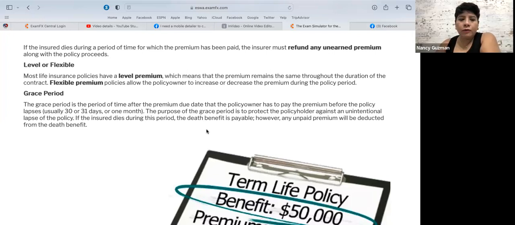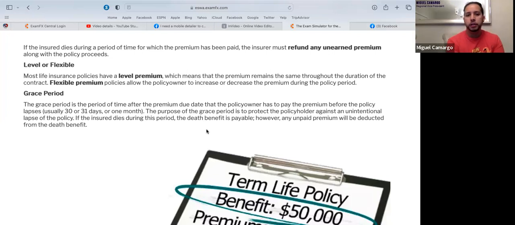Is this only for Florida? No, this is all life insurance premiums. I'll let you know if it's anything specific to Florida. No, this is universal. The grace period will protect the policy owner: if you lapse your policy due to non-payment, you're still protected during that period of time, which is really good.